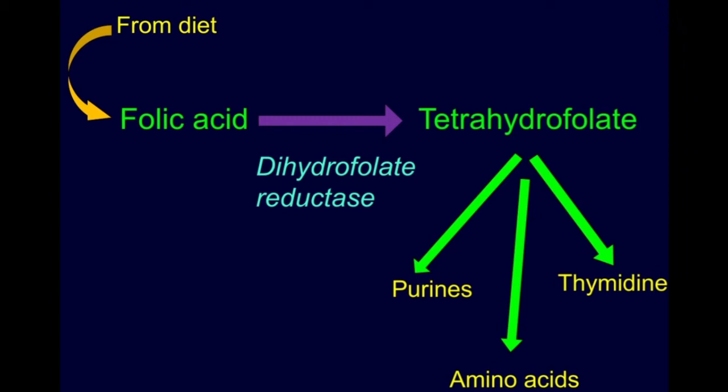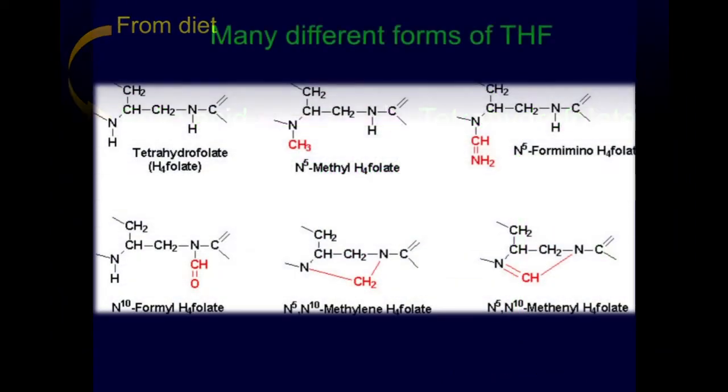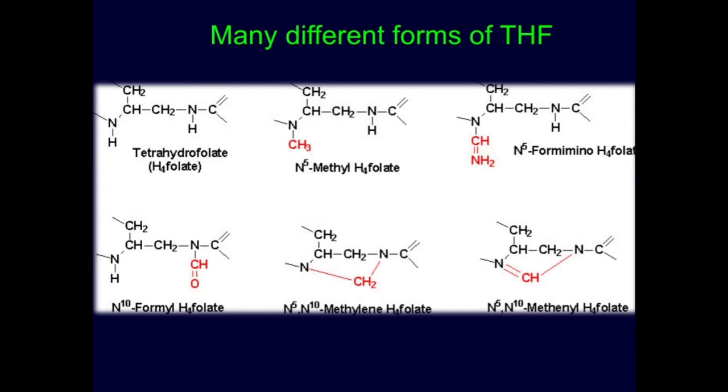Now I want you to see this highlighted part. Tetrahydrofolate, the best way to think of it is that it is a carrier of one carbon molecules. So you have a formyl carbon with a carbonyl, the carbon here, double bond there, CH, CH2, methylene, methyl. There are a few other forms.